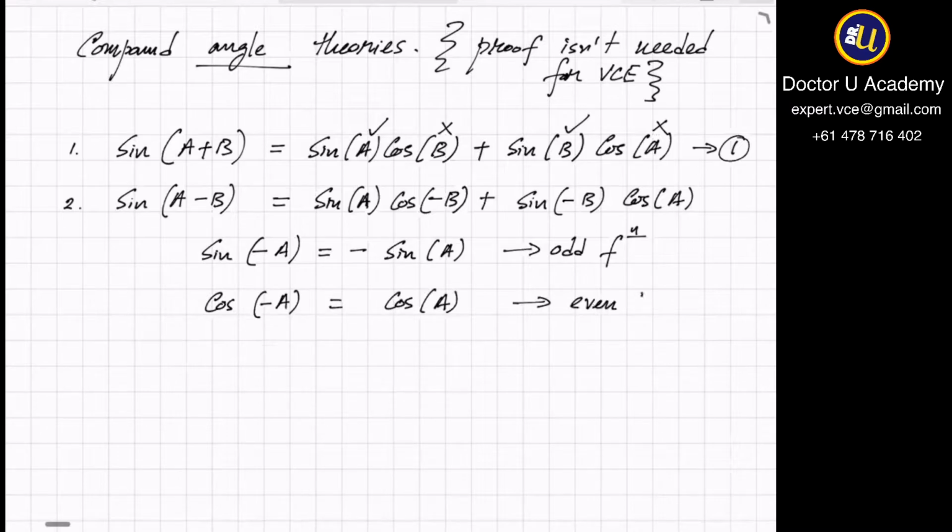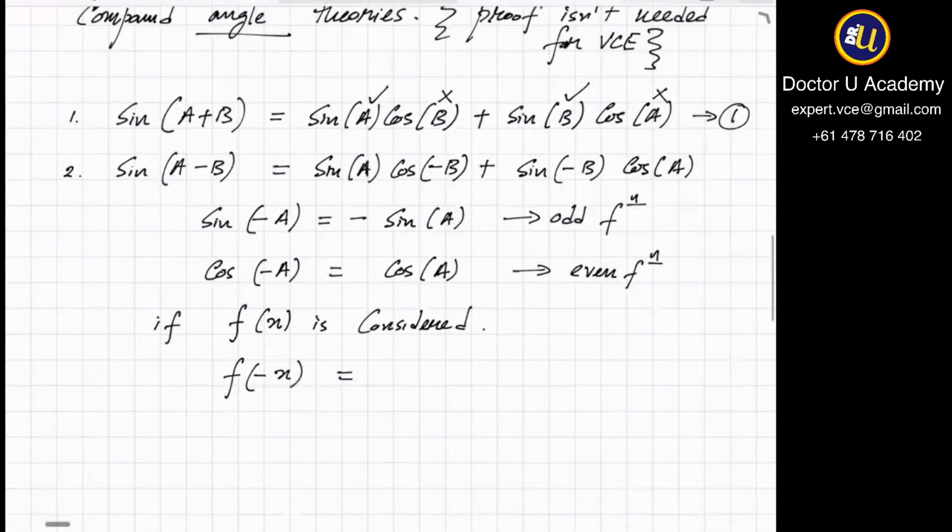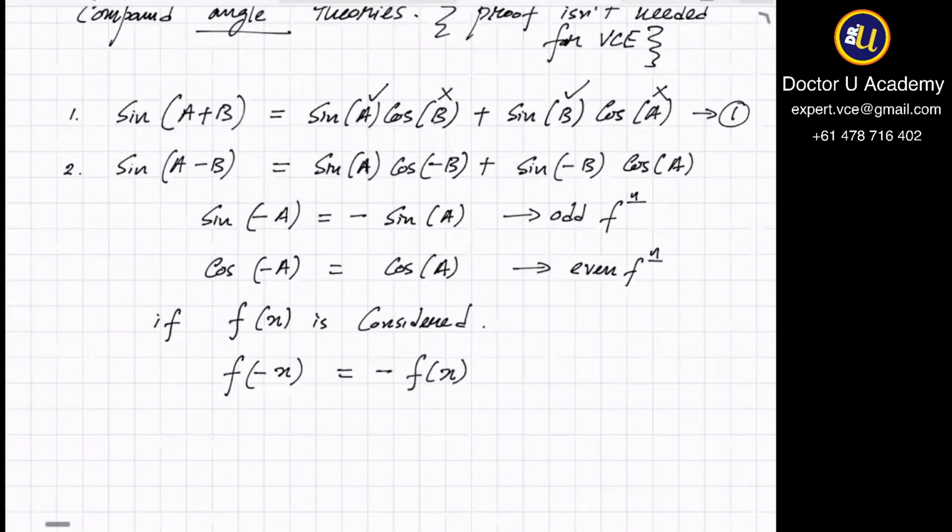That's why. What are odd even functions? How do you define odd even functions? So if f(x) is considered, and then when you get f(minus x), if the output is minus f(x), those kind of functions are called odd functions.